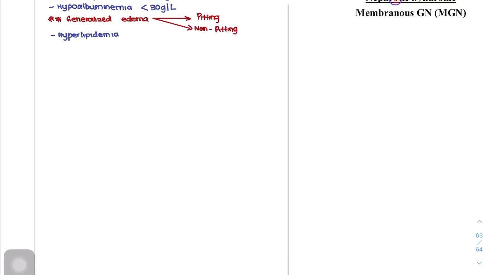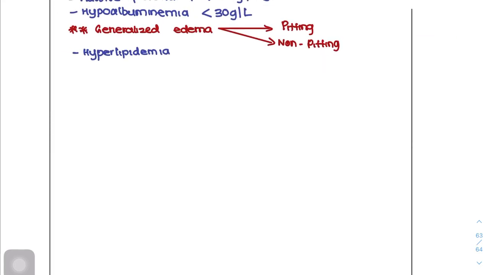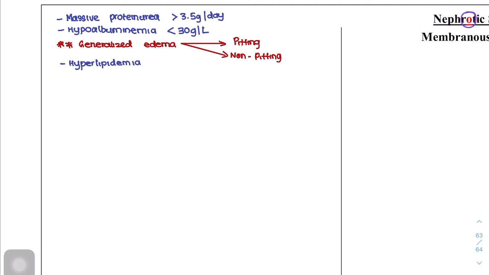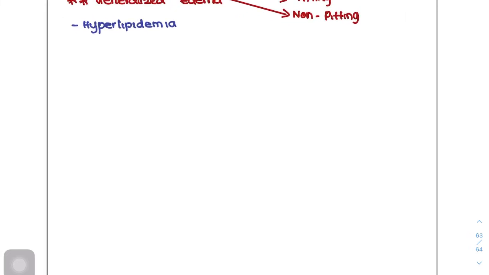So let me talk about what happens here. First, I will tell you how this happens. There is going to be damage to the kidney. There is going to be damage to the kidney with no inflammation. So in the glomerulus, there is going to be a defect.